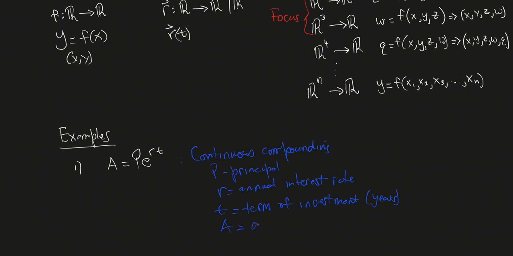So A is the amount present at the end of term. Why are we doing this? Well, if you think about this, the only thing on the right-hand side that is a true constant is our wonderful number e.